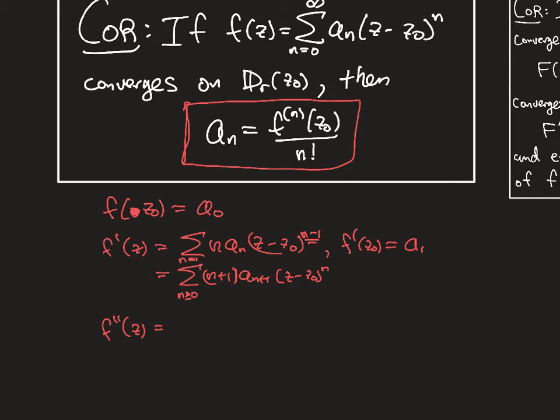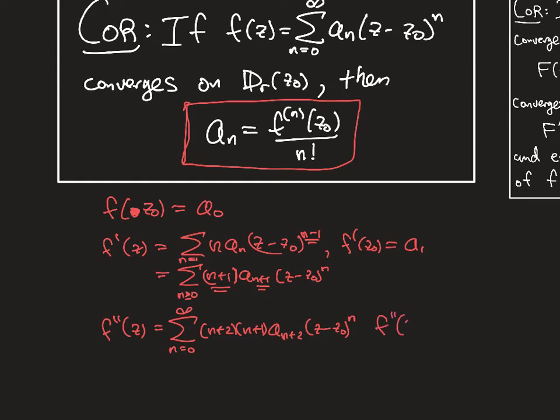So what you do is bump up the indices by 1 and throw in a factor of n plus 1. So this is just by pattern following. And now this starts at 0.